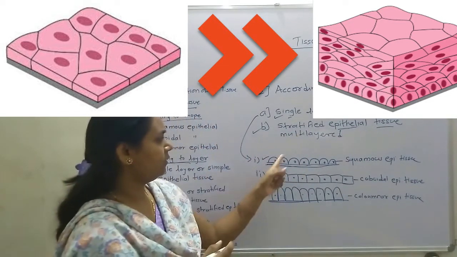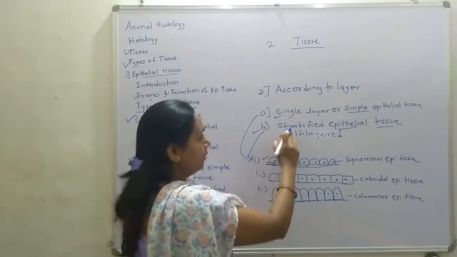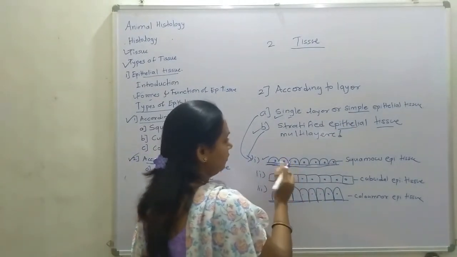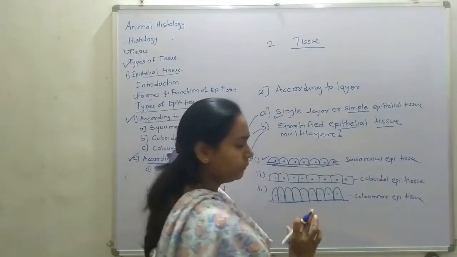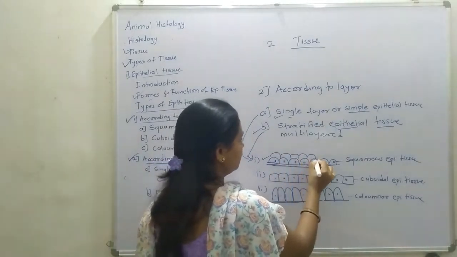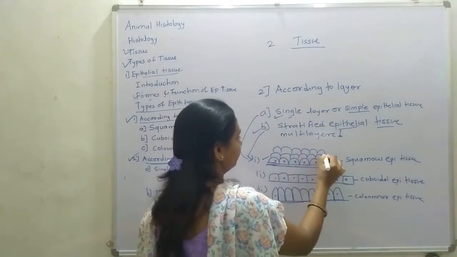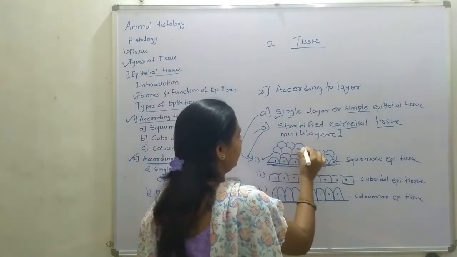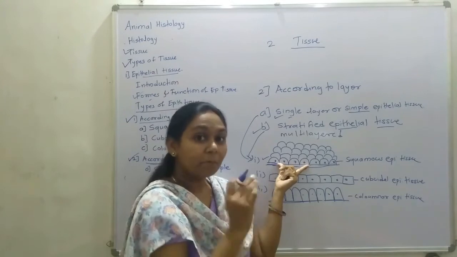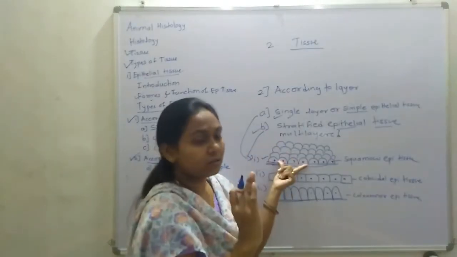How is it multi-layered? We are seeing stratified epithelial tissue. This is a squamous epithelial tissue with many layers. The first layer is arranged on the basement membrane, but the upper layers are not arranged on the basement membrane.